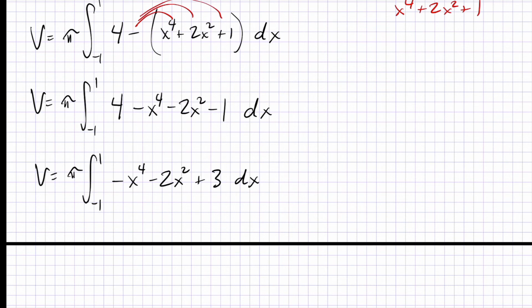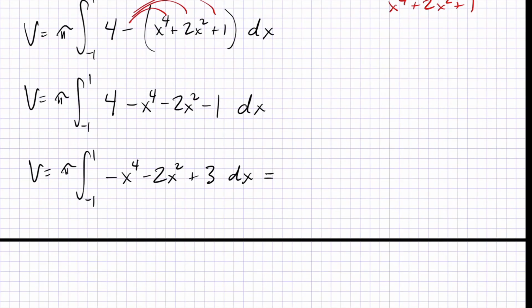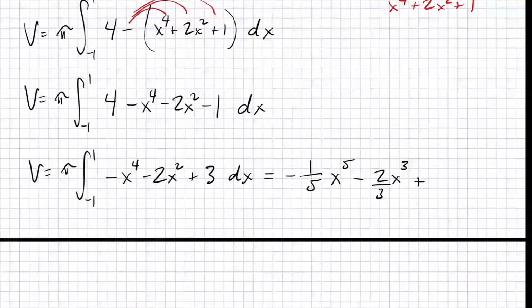Okay. Now, antiderivative. So we'd get negative 1/5 x to the fifth minus 2x cubed divided by 3 plus 3x, and I have to evaluate from 1 to negative 1.